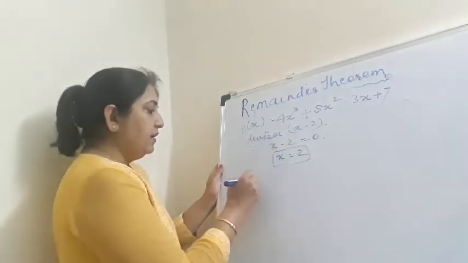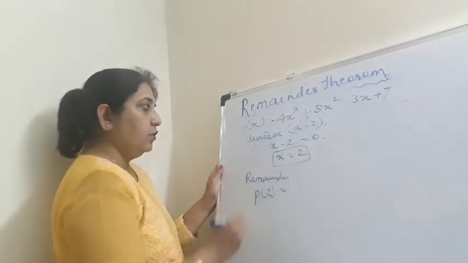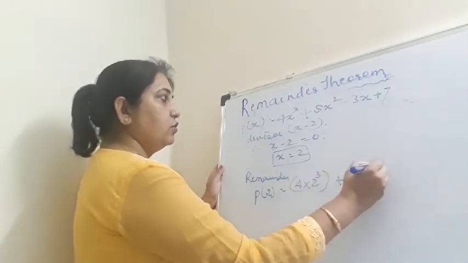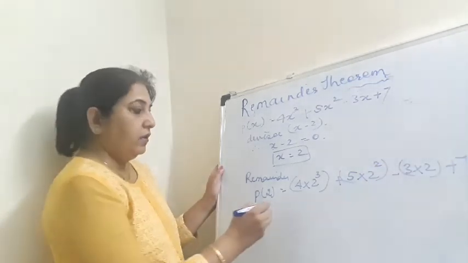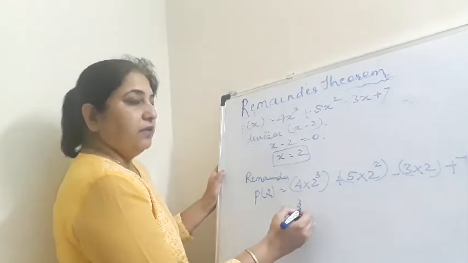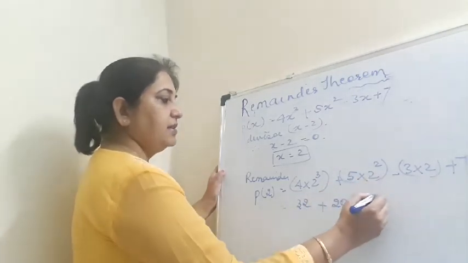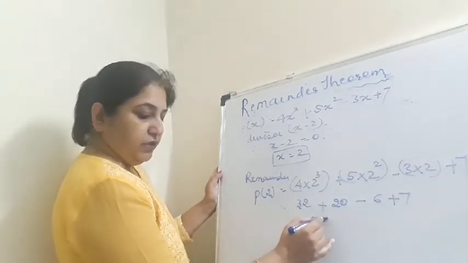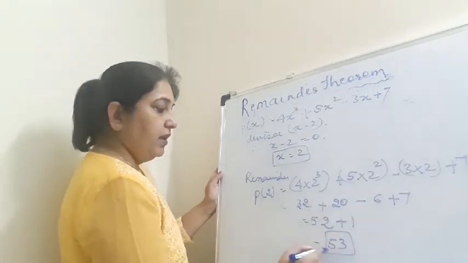So to find the remainder, we will write p of 2 is equal to 4 into 2 cube plus 5 into 2 square minus 3 into 2 plus 7. Therefore 4 into 2 cube means 8 fours are 32, plus 5 into 4, 20, minus 6 plus 7. Therefore 32 plus 20 will give you 52, and minus 6 plus 7 will give you plus 1, and therefore the answer will be 53.